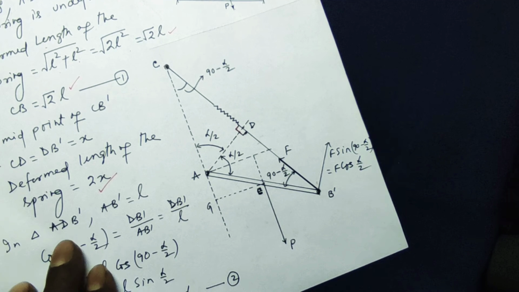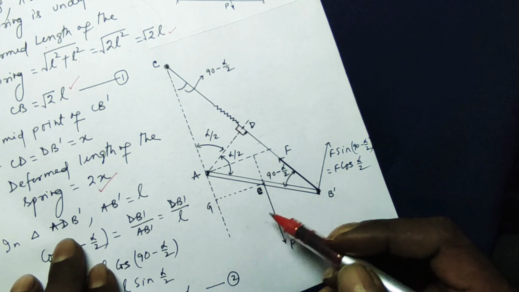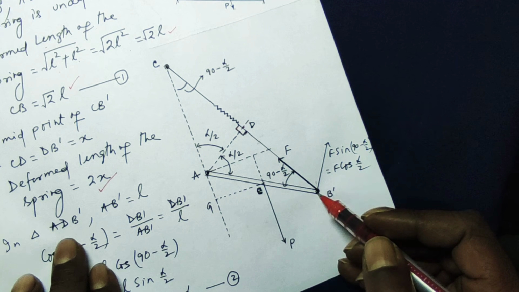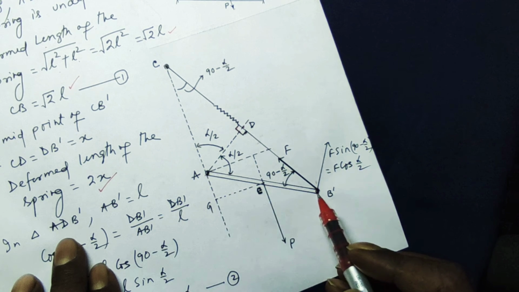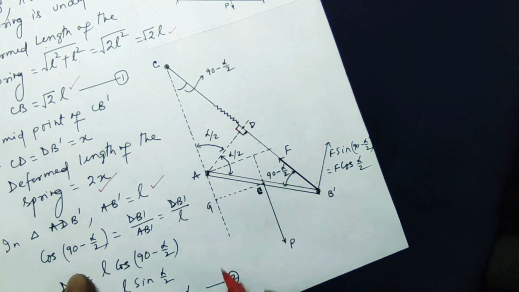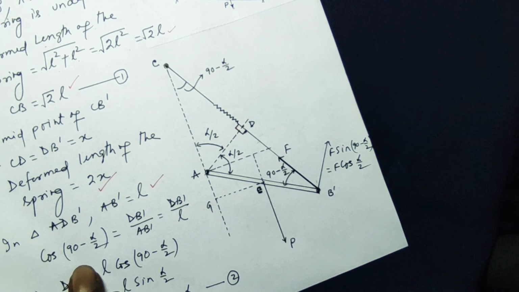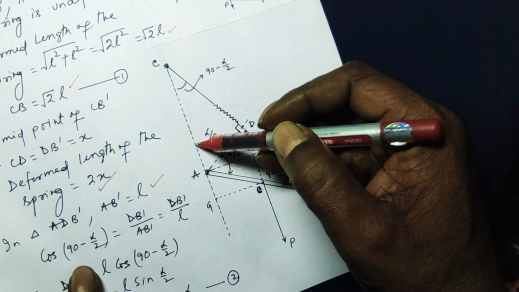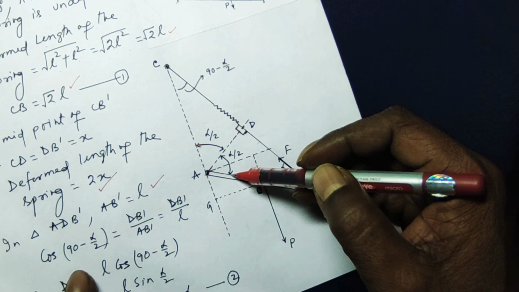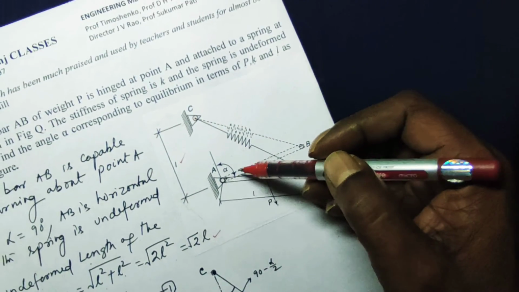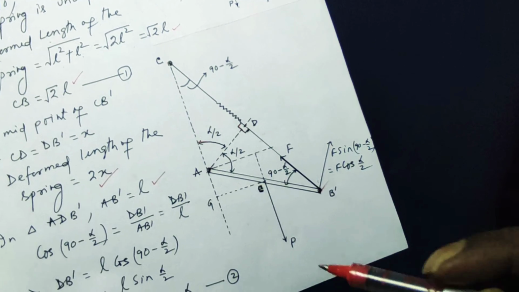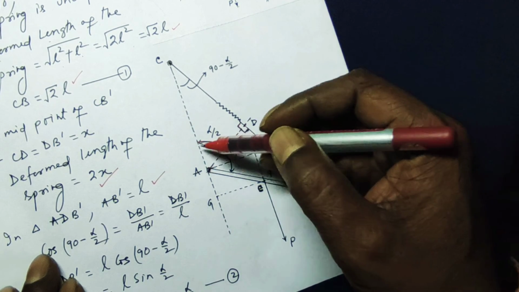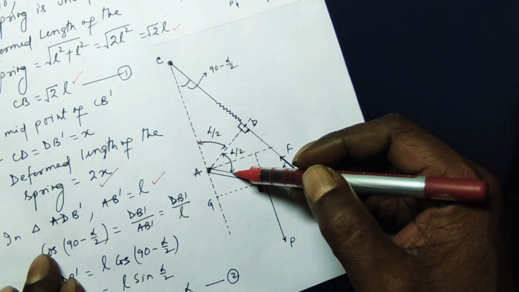Now in triangle ADB dash, AB dash is equal to the length of the prismatic bar. Since this is the midpoint and this is the perpendicular, and this angle in the different position is given as alpha, this perpendicular bisector AD will divide this angle alpha into two equal parts.